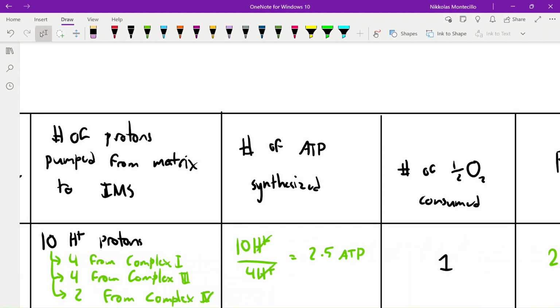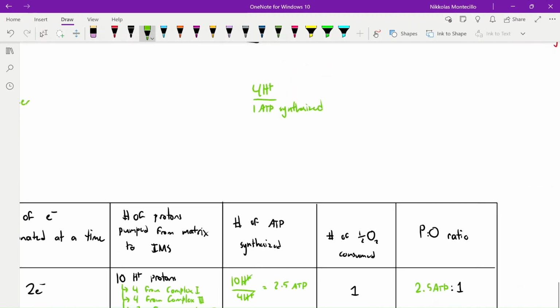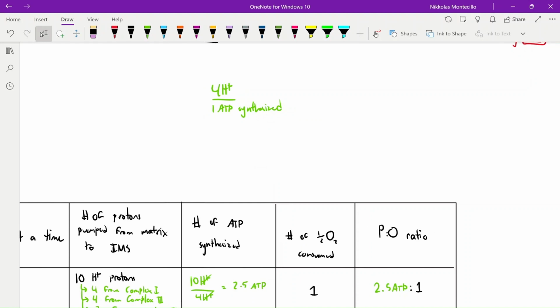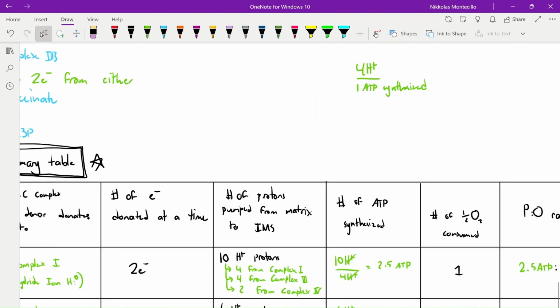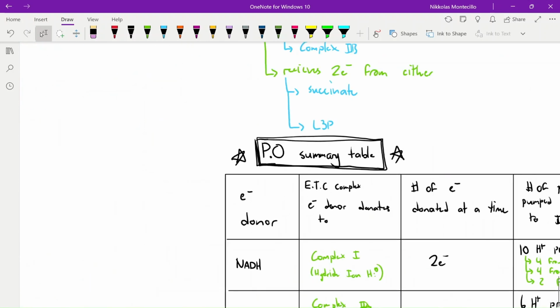That gets you a P/O ratio of 2.5 ATP, or 10 protons pumped. And because there are 4 protons required to synthesize 1 ATP, we see that 2.5 ATP molecules are produced from NADH. So we see that the P/O ratio is 2.5 to 1. Okay.